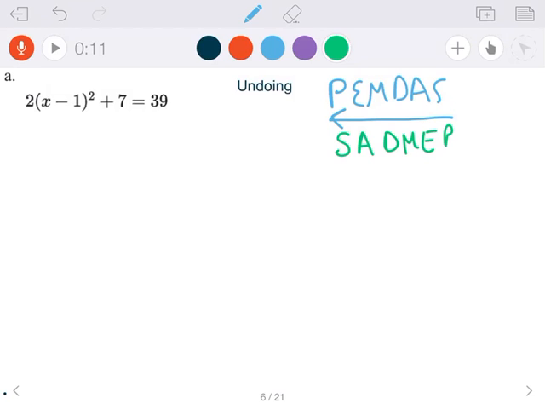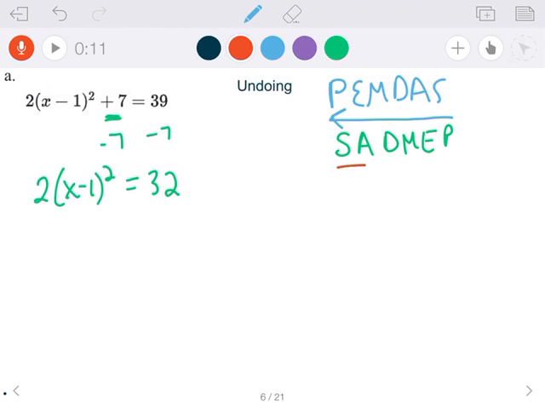So if I'm trying to undo this equation to solve it, I see that I have, again, all those different operations, but I'm going to start with the adding and subtracting. I can't do anything inside the parentheses with the subtracting because it won't simplify, but I can do something with the plus 7. So I'm going to subtract 7 from both sides. So then I have 2 times this quantity squared equals 32.